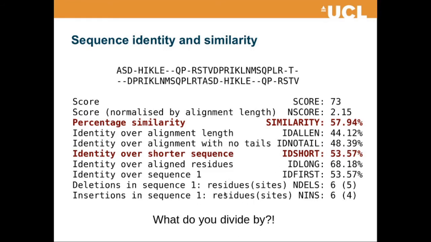So there is this question of what you divide by, and as I show here, the most common thing is to divide by the length of the shorter sequence, or perhaps a sequence of interest, and then the other common thing is the sequence similarity score.